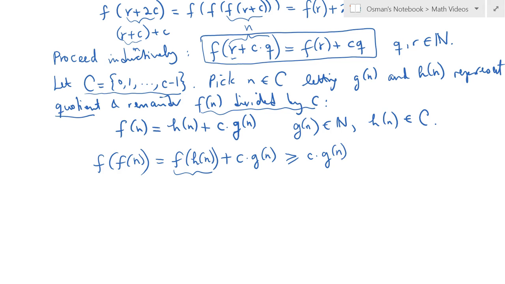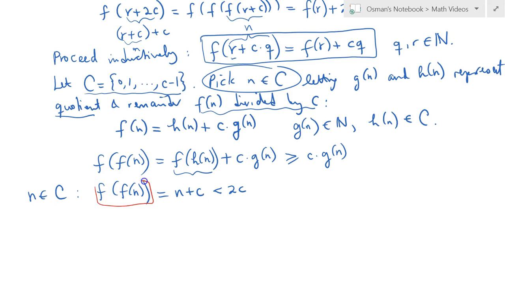Now, upon a second observation, if you have a look at the very earlier definition, f of n is equal to n plus c, and reminding ourselves that we picked n in C to begin with, as a result, this whole thing is less than 2C. So this expression here is strictly less than 2C, so let's carry it over here, strictly less than 2C.